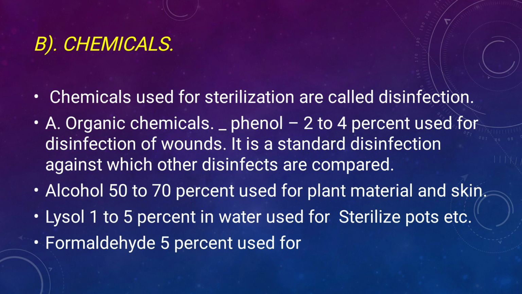Here, different kinds of chemicals are used. For example, soap or potassium permanganate is used for the sterilization of different instruments, or of different plant surfaces also. So this is about the chemical agents used for the sterilization of different materials.